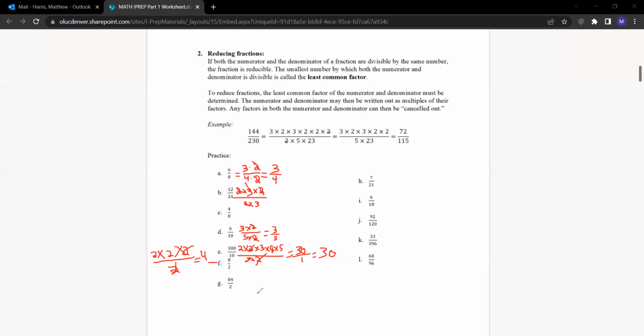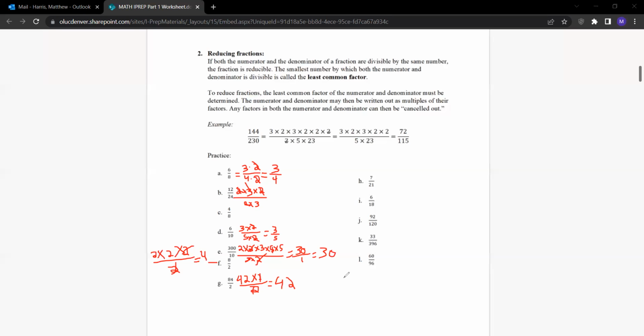All right, so then we can go down to 84 over 2. So 84 divided by 2 is 42. So you have 42 times 2 over 2. Cancel out the 2, equals 42.